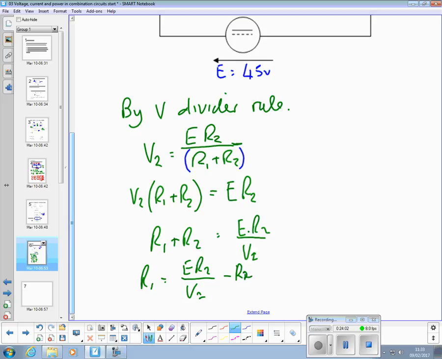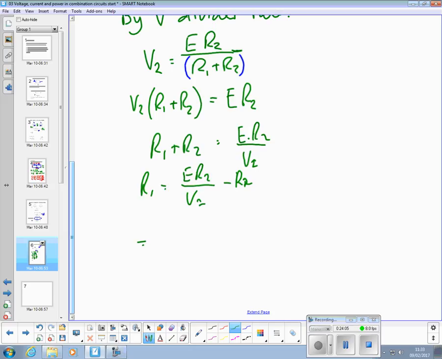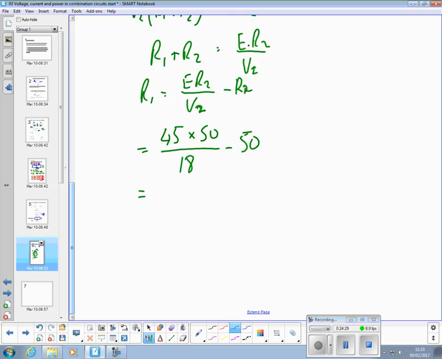Alright, now we can put our numbers in. E was 45, R2 50, V2 was the 18, and R2 was 50. 45 by 50 is 225.